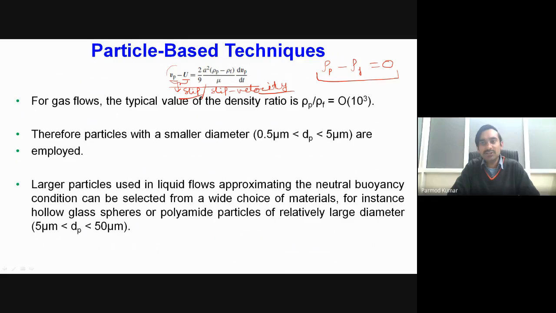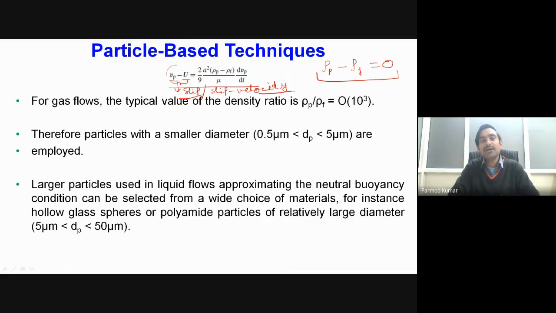This assumption is very true in case of the flow of liquids, because liquids generally have high density comparable to that of some solids. So this condition is very easy to obtain in case of liquid flow.